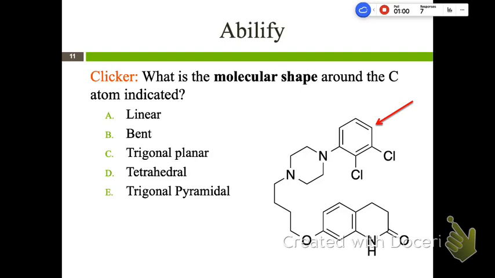It has 2 bonds. It needs 2 more. Does it need 2 more? So it's got 2.